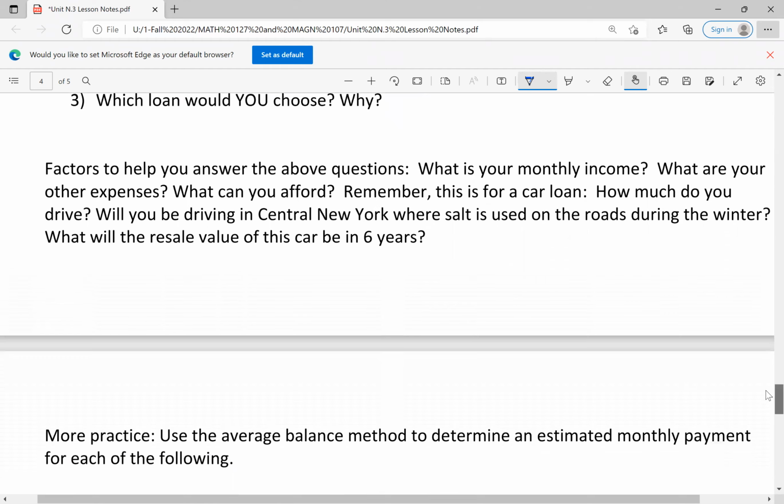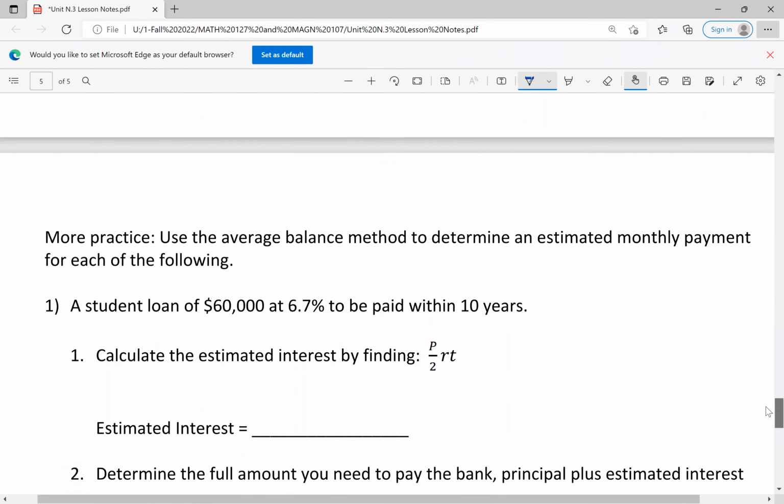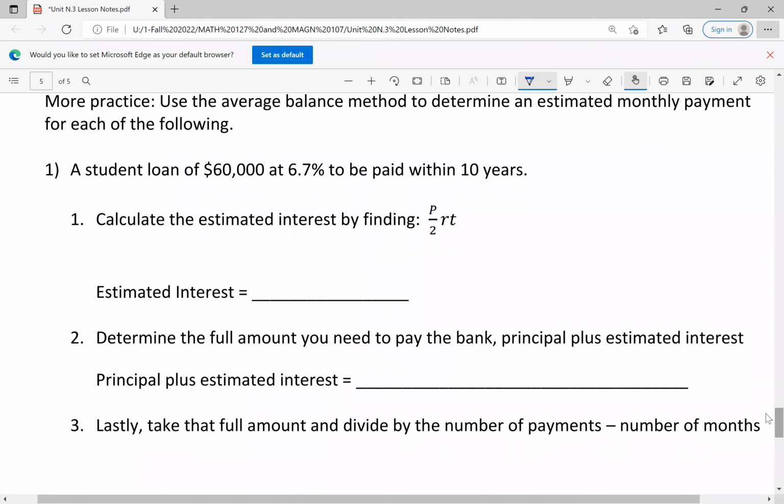And then the last thing I want you to do is practice this again. First question, student loan. So I would like you to use the average balance method to estimate your monthly payments for a student loan of $60,000, interest rate of 6.7%, and you need to pay this back within 10 years.